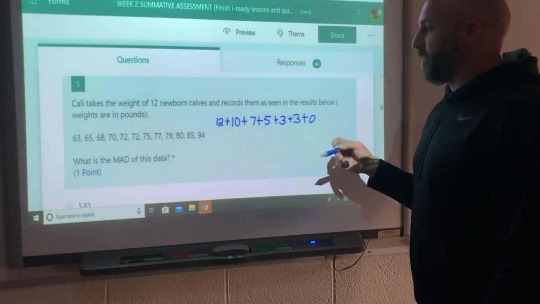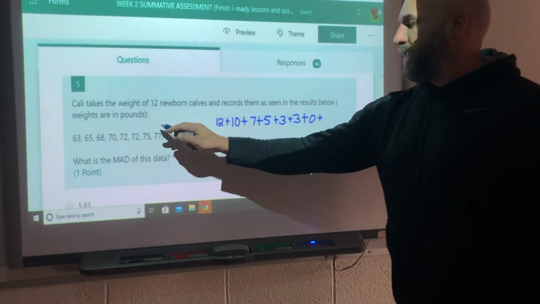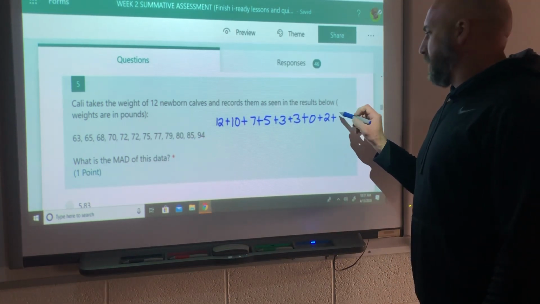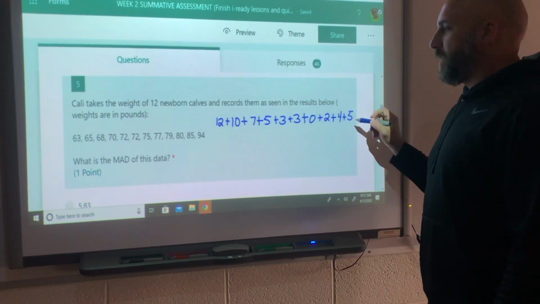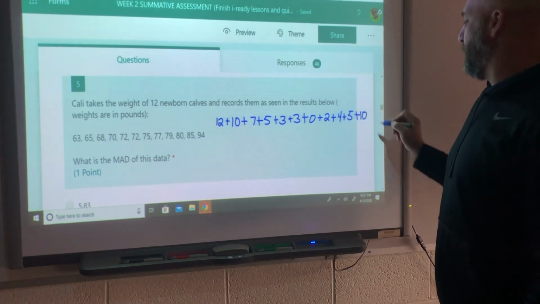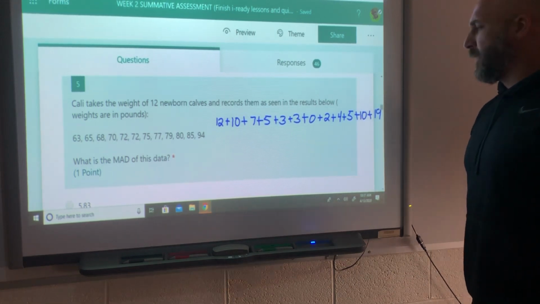I'll put it in even though it doesn't change anything. And then go in the other direction, 77 minus 75 is 2. 79 minus 75 is 4. 80 minus 75 is 5. 85 minus 75 is 10. And 94 minus 75 is 19.